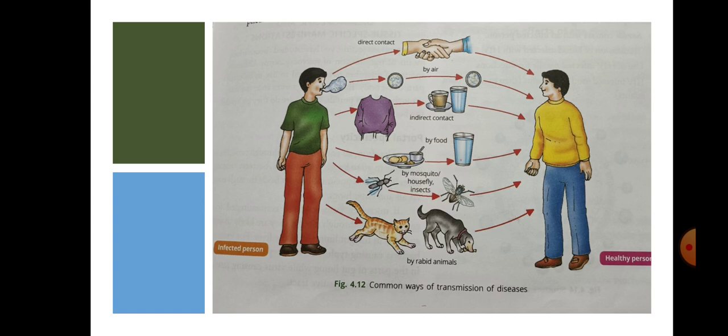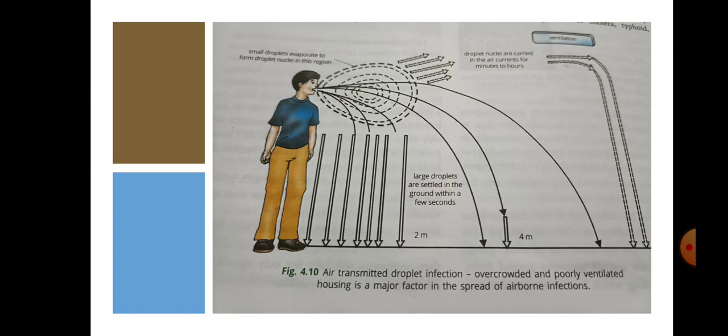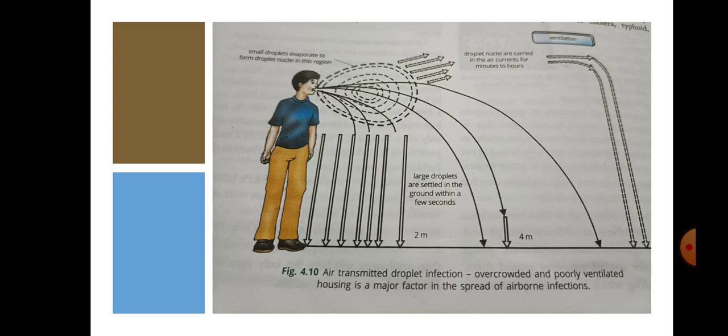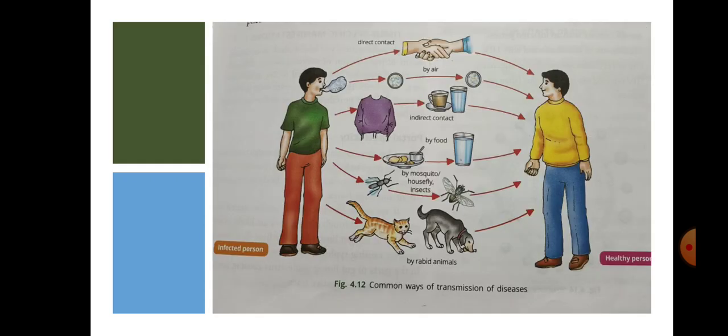The pathogen may reach the human with air and dust. Epidemic typhus spreads by inhalation of dried feces of infected lice. For example, tuberculosis, influenza, common cold and pneumonia.